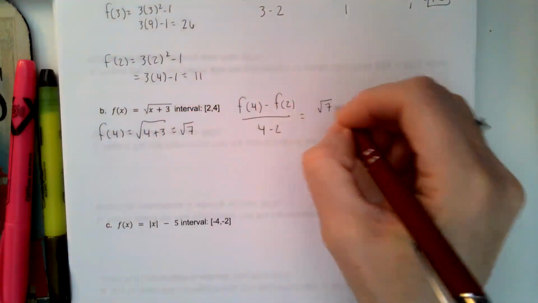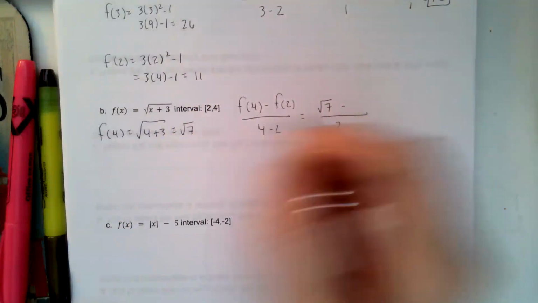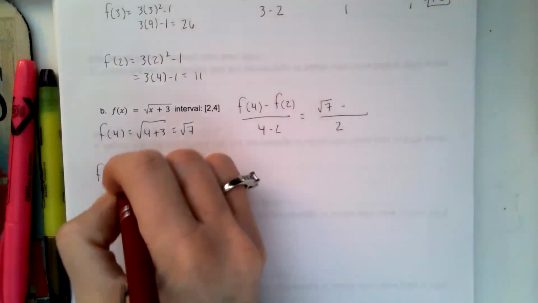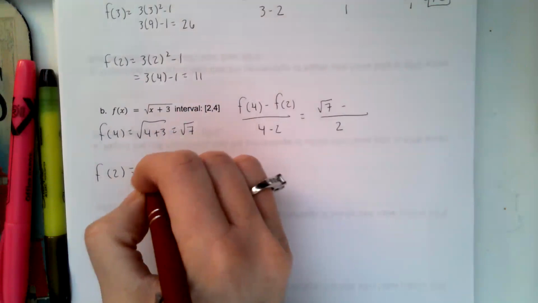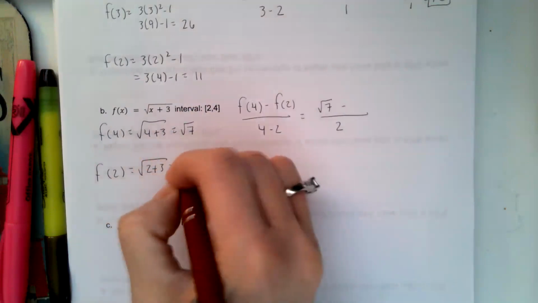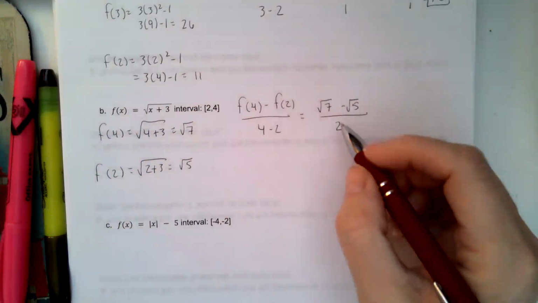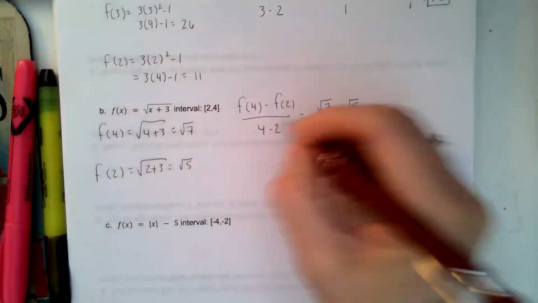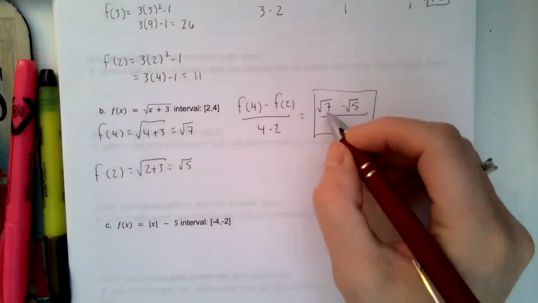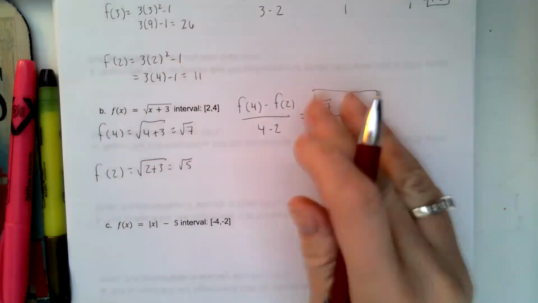So we'll just leave it at that. And then the function evaluated at 2 is the square root of 2 plus 3, which is the square root of 5. So we will leave it at that. And then 4 minus 2 is 2. Because the square root of 7 and the square root of 5 are irrational, we're just going to leave it.